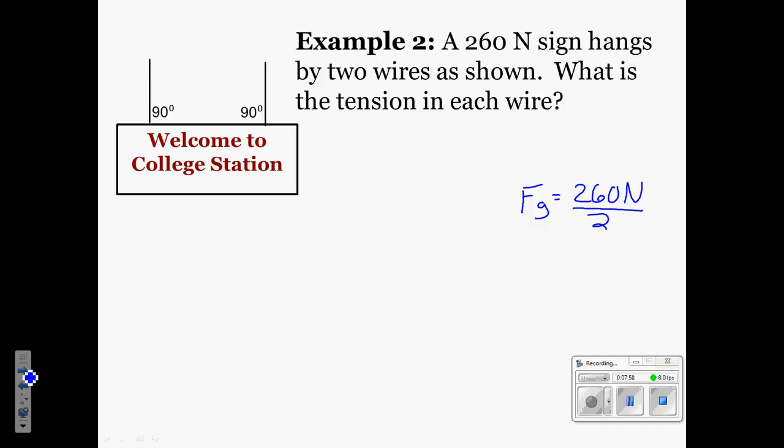And so our FT, or our T, for each wire is going to be 130 newtons. So this one's 130 newtons, and so is this one. Okay, cool stuff.